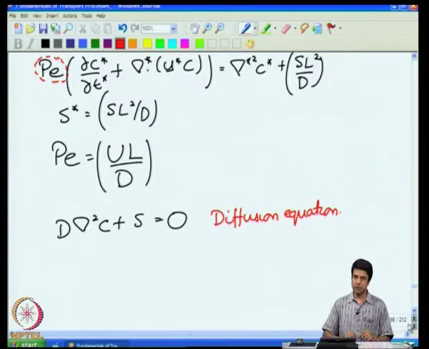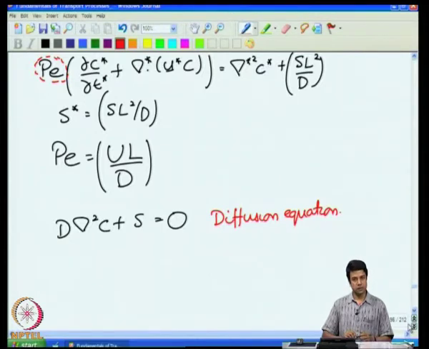In the limit where the Peclet number is small, one would expect diffusion to be dominant, and therefore, one can solve just the diffusion equation, D del square C plus sources and sinks is equal to 0. In the opposite limit, when the Peclet number is large, one might simplistically think that we can just neglect diffusion completely and solve only the convection part of the equation.